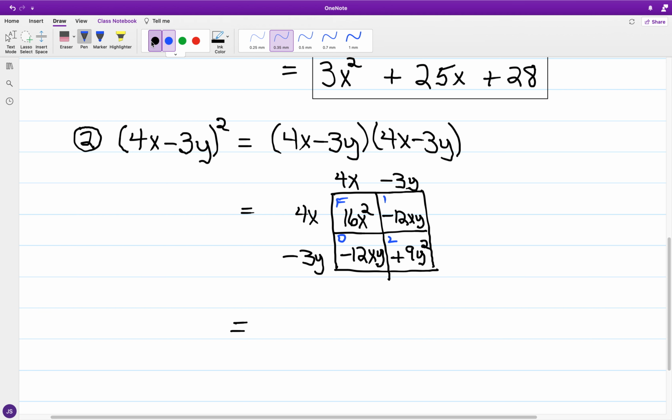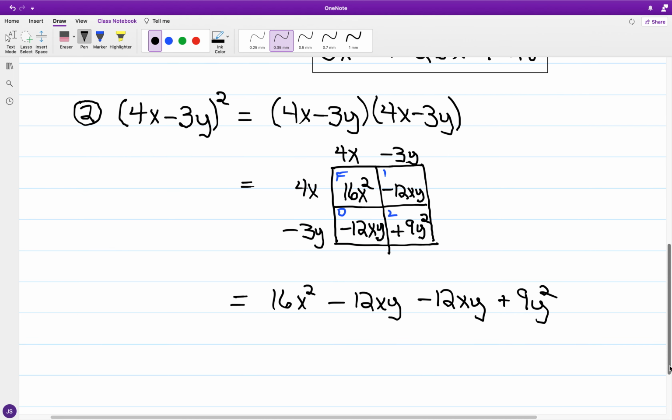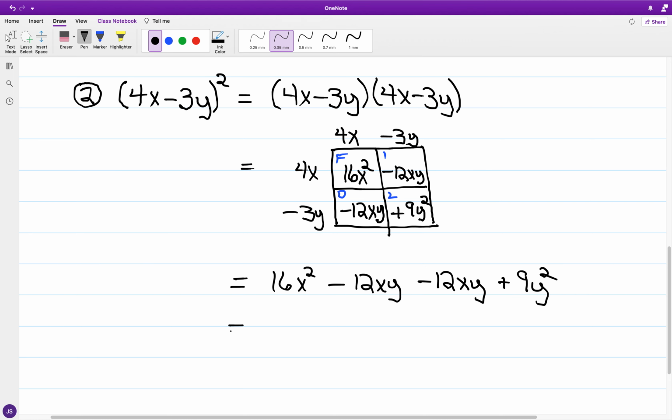And just foiling out and itemizing what we have here, we have 16x squared minus 12xy minus another 12xy, then plus 9y squared. In the final output, 16x squared is the only term of its kind where it has the square of x.